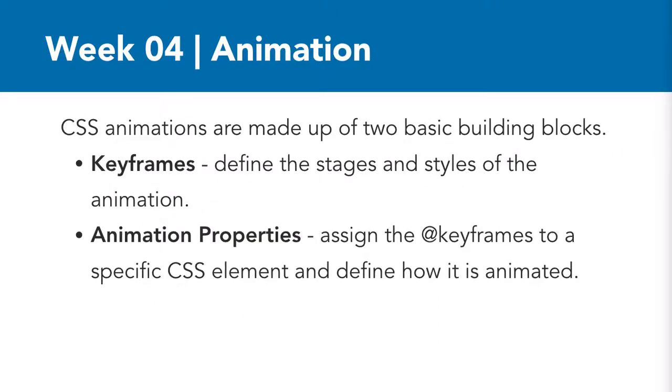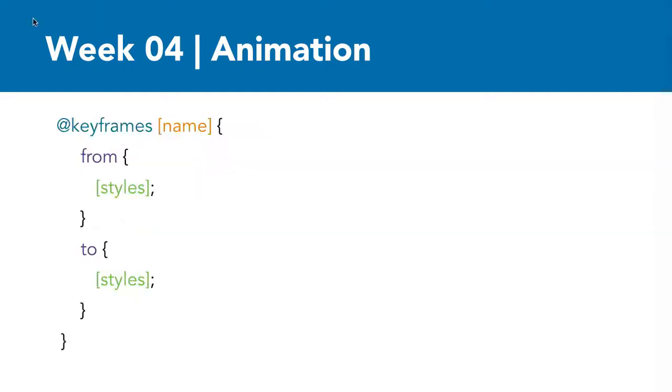Since CSS animations are made up of these two building blocks, keyframes and animation properties, we should define what each of these things do. Keyframes define the stages and styles of the animation, while animation properties assign the @keyframe directive to a specific CSS element and define how it is animated. The first thing you'll notice that's kind of different about CSS3 animation code is the @keyframe rule. According to the spec, the specialized CSS @rule is followed by an identifier.